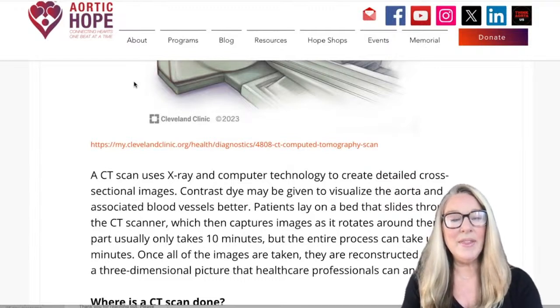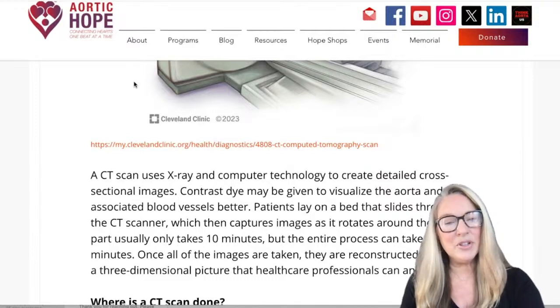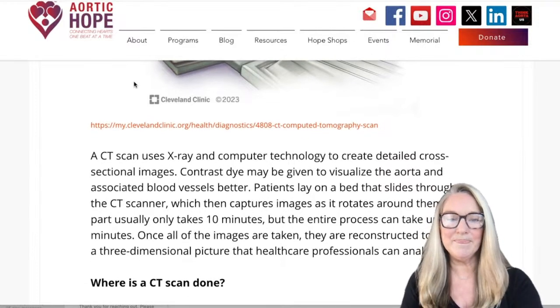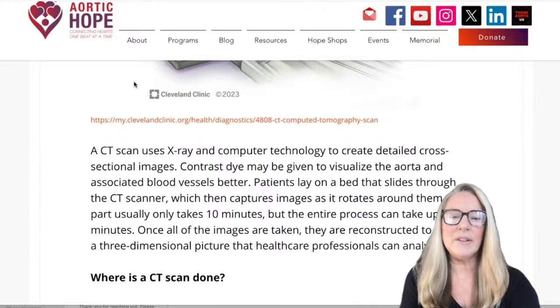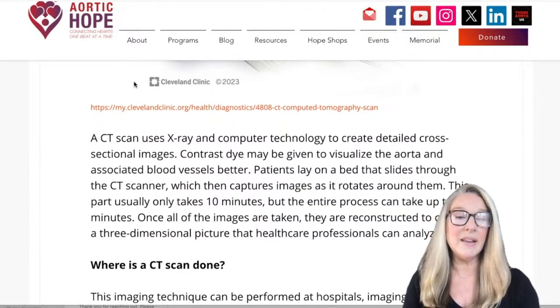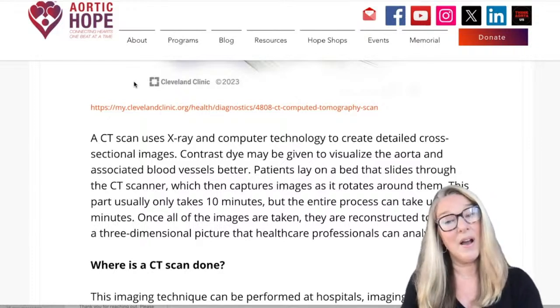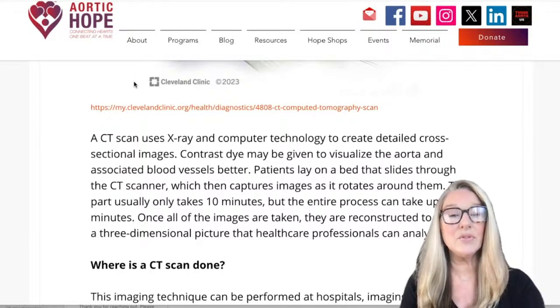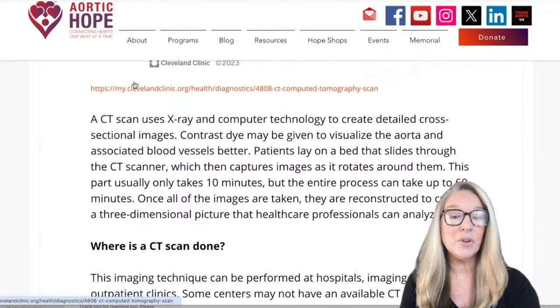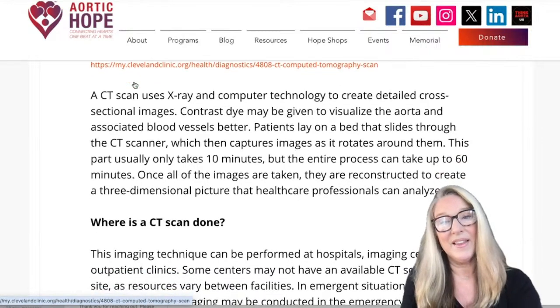Patients lay on a bed that slides through the CT scanner, which then captures images as it rotates around them. This part usually takes only about 10 minutes, but the entire process can take up to 60 minutes. Once all of the images are taken, they are reconstructed to create a three-dimensional picture that healthcare professionals can analyze.